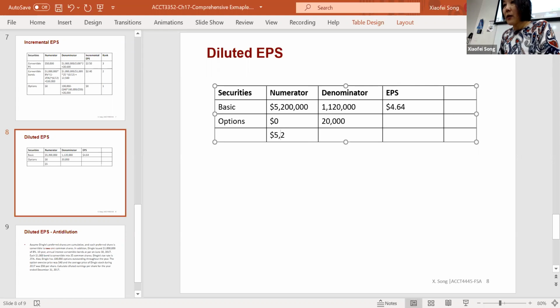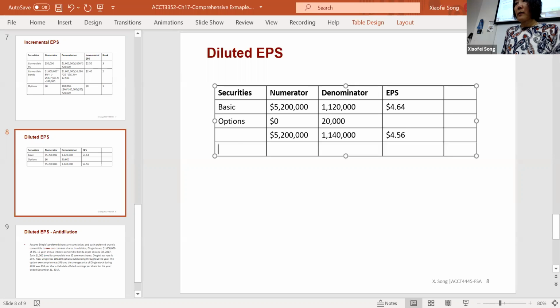The earnings available is 5.2 million, and the number of shares outstanding is 1,140,000 shares. And the earning per share becomes 4.56. So 4.56 is less than 4.64. So this is dilutive, and we keep going.